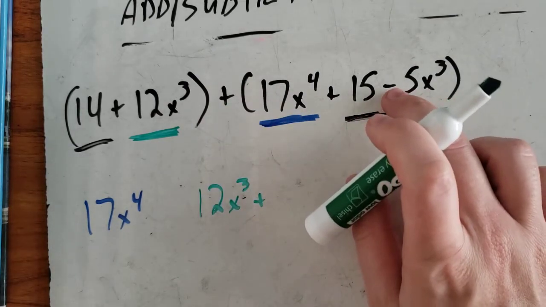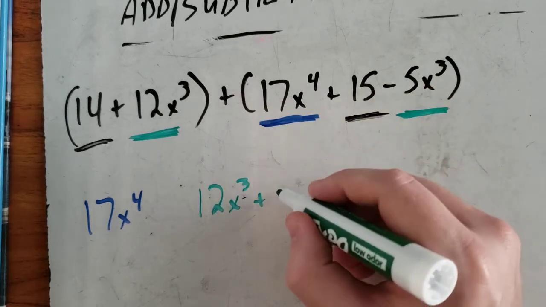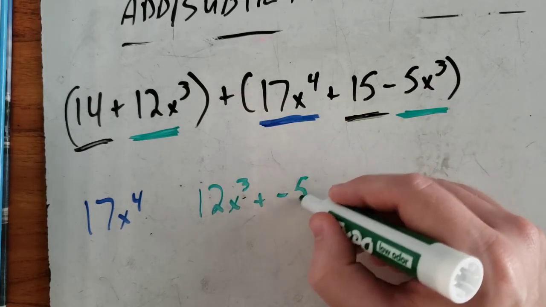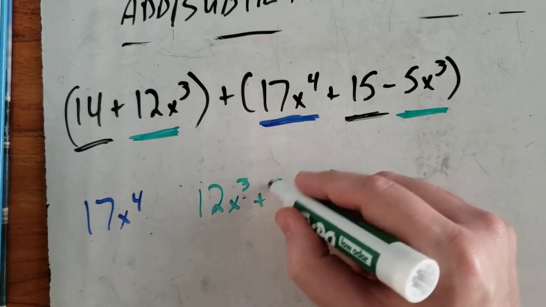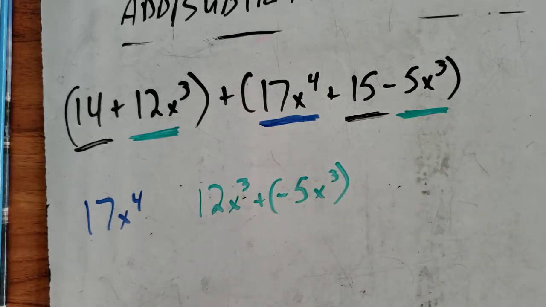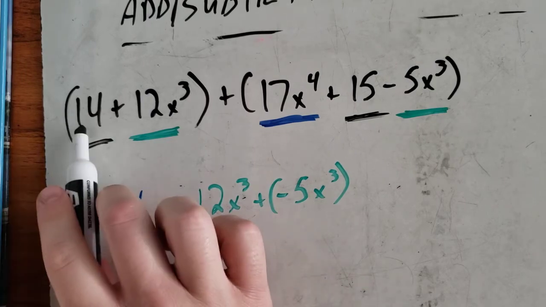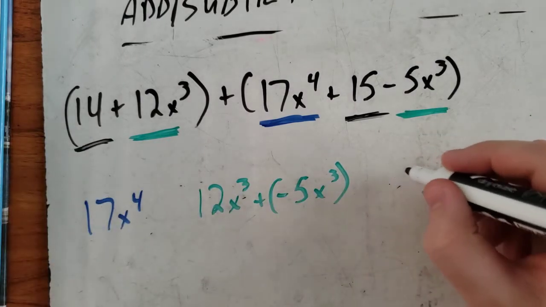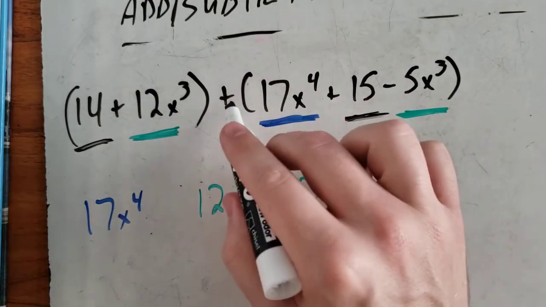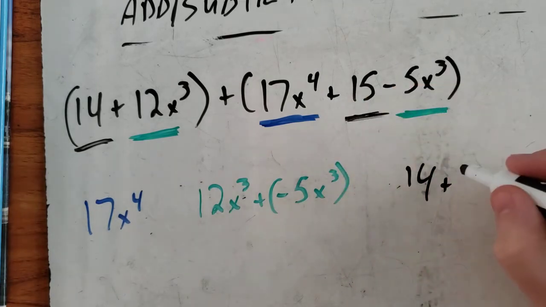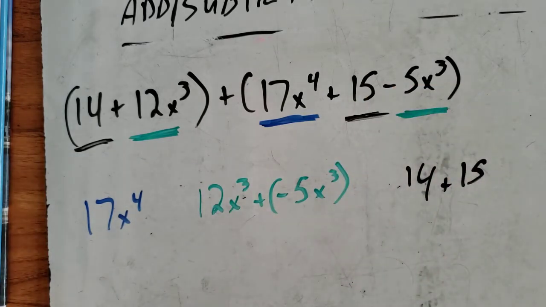But look, this minus sign goes with this one here. So it's negative 5x to the third here. And then our last terms here are numbers, no letters. 14, and then plus, and it's positive, so 15.